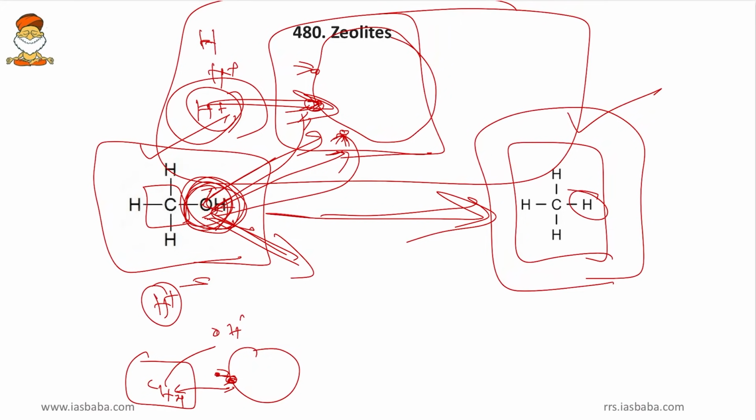So this proton that is free in water will come and get attached. So now this becomes heavy and it will be ready to give the protons further. So this is the reaction wherein the biofuel is prepared, and zeolites can be influential and they can act as a catalyst to enhance the biofuel production. So this is how the invention is, and now zeolites can act as a boon for more and more production of biofuels. So this is all about zeolites.